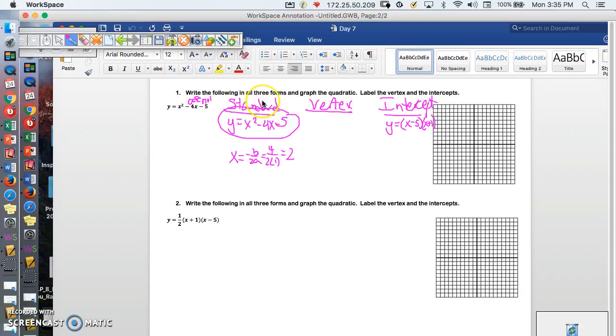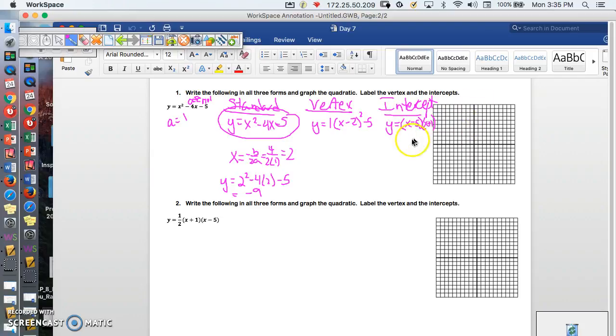And then if we plug that in, y equals 2 squared minus 4 times 2 minus 5. So 4 minus 8 is -4, minus 5 is -9. And we know our a value is 1. So our vertex form would be y equals 1 times x minus 2, squared, minus 9.